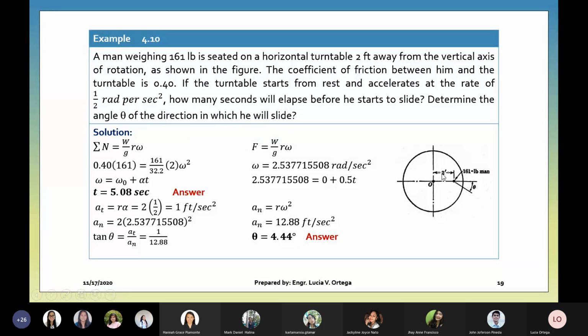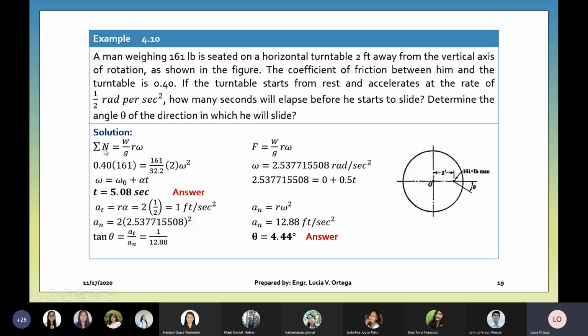Okay. So this is the position. It will rotate definitely at some point, or at some value of acceleration or angular velocity. There is a tendency for the man to slide out, away from the axis of rotation. So this is the top view.